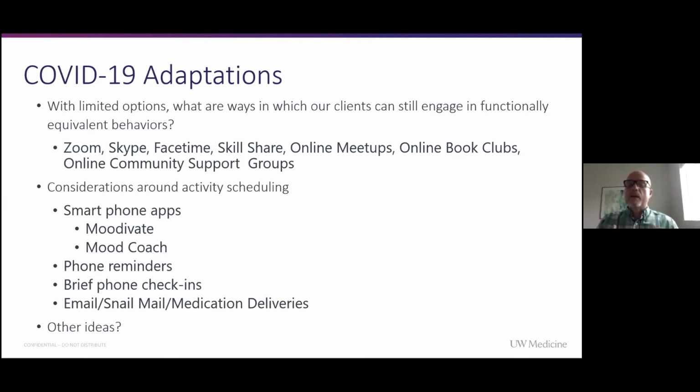In terms of building skills or doing things for self-mastery, they do have online Skillshare groups. They have online meetups, online book clubs, and there's online community support as well.